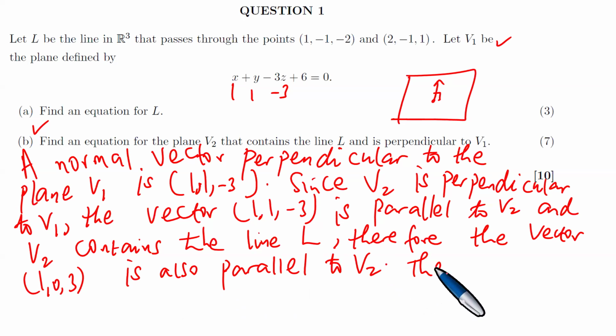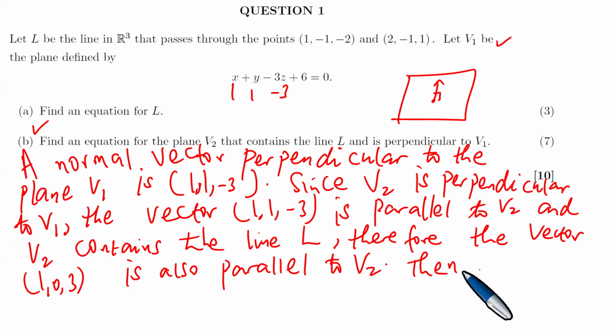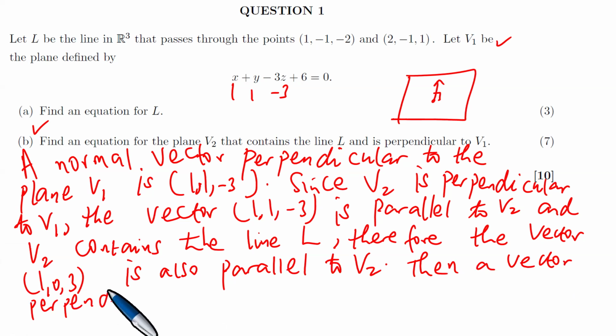Okay, let's say here, then, a vector perpendicular to V2 is.